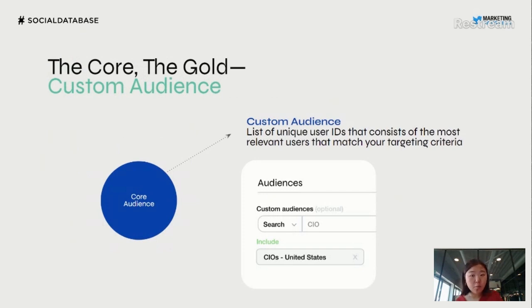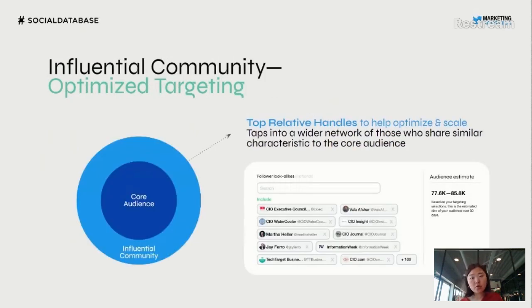Again, equally as important is the influential community, which is essentially the follower lookalikes of the top relevant handles. These handles are extracted from the custom audience itself, meaning that the handles we suggest have the highest density of followers that match your target audience, essentially enabling you to tap into the most influential community surrounding the core audience group to drive conversations, maximize impact, and bring scalability.